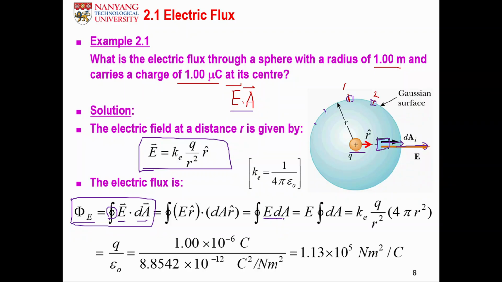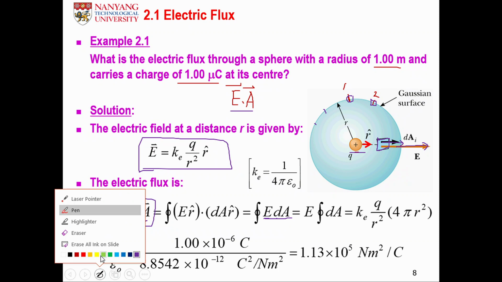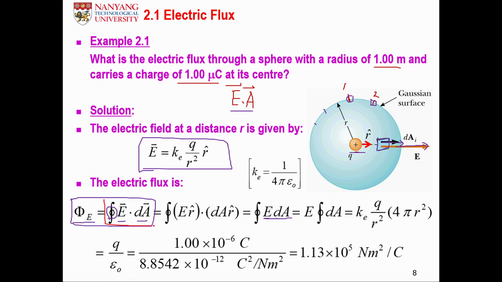So that is why from this term to this term, you see the difference? Here you have two vectors, here it becomes just two scalars, simply because at any point on the surface, E and dA are parallel. So the vector dot product is always equal to E times dA.